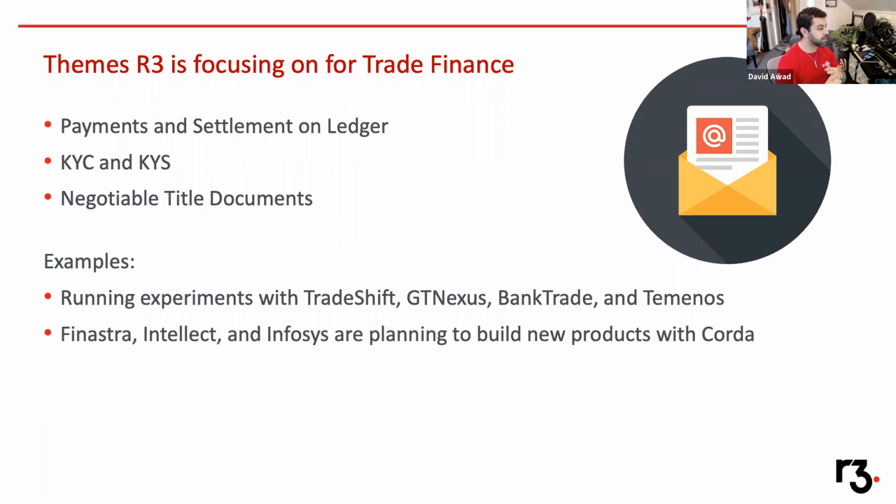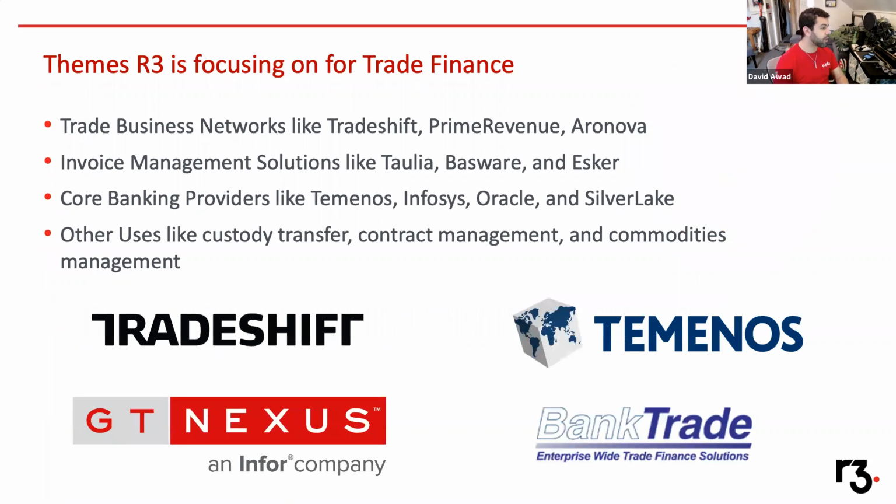We've also had conversations with groups like Infosys, Finastra, and Intellect, who are thinking about building new products on top of Corda, which is a big deal. There are invoice management solutions already out there in the wild, as well as database and banking providers like Oracle and Silver Lake. Some other cool use cases we've seen are custody transfer, contract management, and commodities management. Those tend to be really interesting use cases.